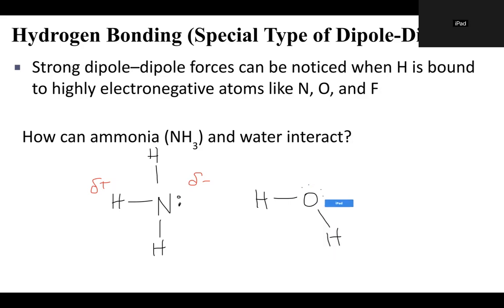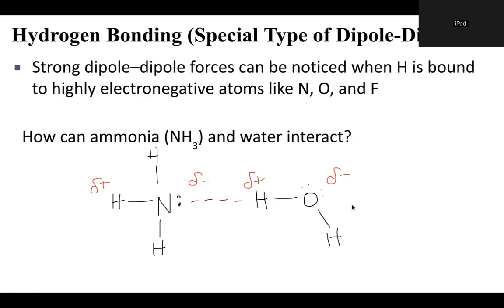So we're able to say that with this partially positive end here and this partially negative end here, there's going to be an intermolecular force between the nitrogen of the ammonia and the hydrogen of the water. So because this is a nitrogen and it's attracted to a hydrogen here, we would say that this is hydrogen bonding.